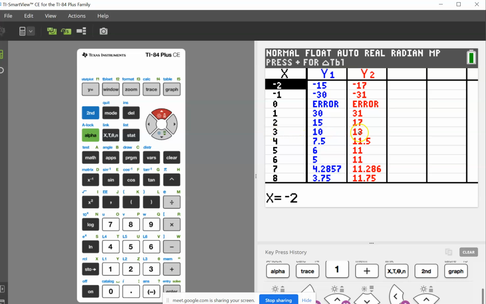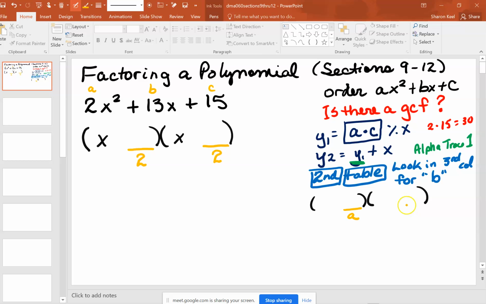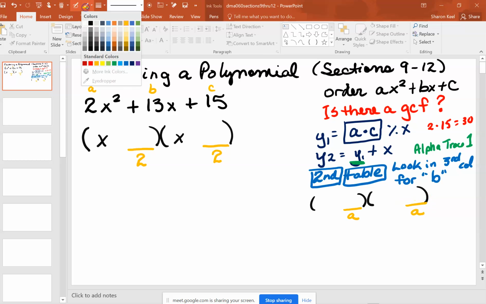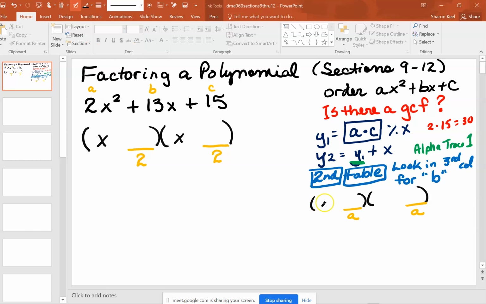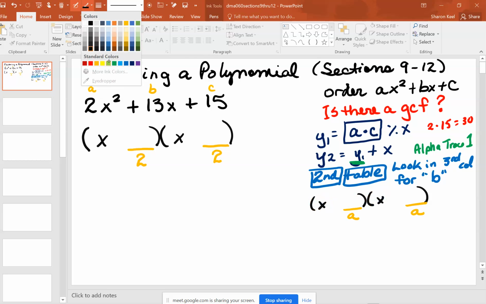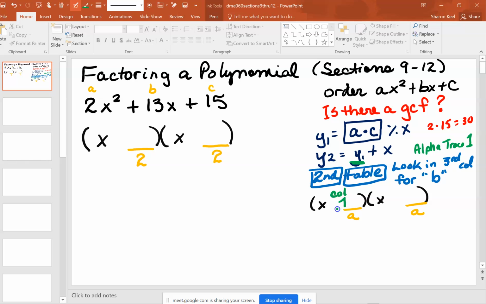Remember earlier we put the divided by. If there was an A value, we're going to put the A there. And let's go ahead and put our X's at the beginning. They're going to be here. Now what we use is whatever we found in column 1, we're going to put in the first parenthesis. Whatever we found in column 2, we're going to put in the second parenthesis.